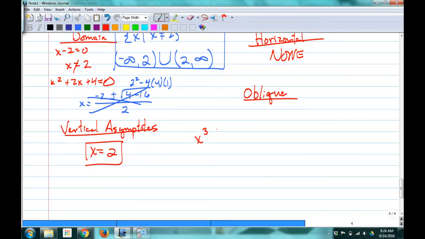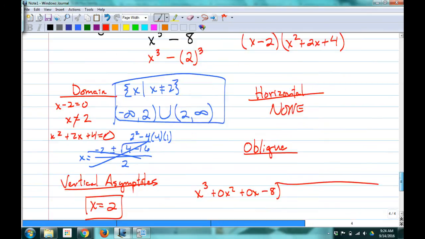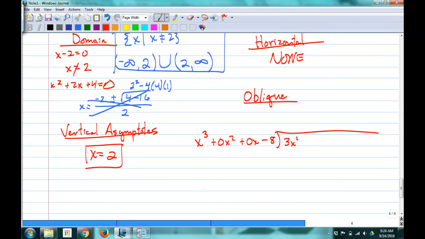So if I'm going to divide by x cubed minus 8, I'm going to put 0x squared in there, 0x, and the minus 8. And that's dividing into my numerator, which was 3x to the 4th, 0x cubed, minus x squared, 0x, and then a 0 constant term. So I'm putting a placeholder in there, even in what I'm dividing by. It really makes my life easier when I do that.